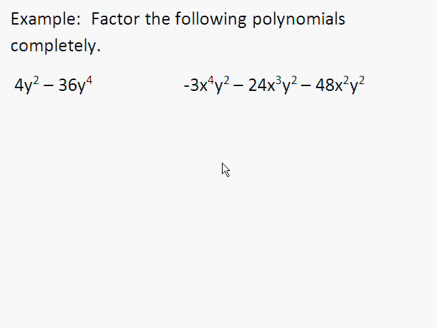Now let's take a look at the second example. What I can do is notice that every single term in the second example is divisible by 3x squared y squared.